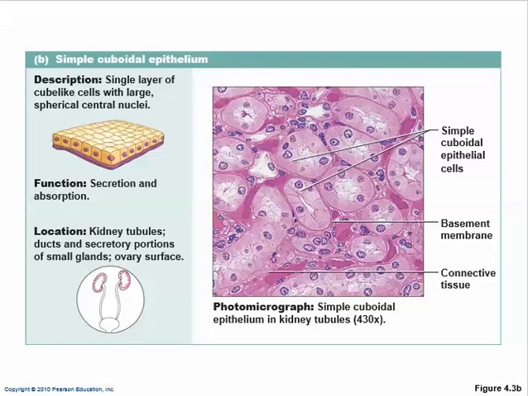So we find these in the tubules of glands, on the surface of the ovary, in the tubules of the kidney. The kidney tubules in the nephron really are about absorption and secretion.